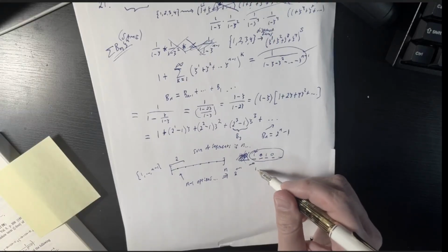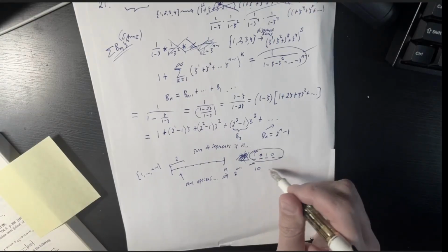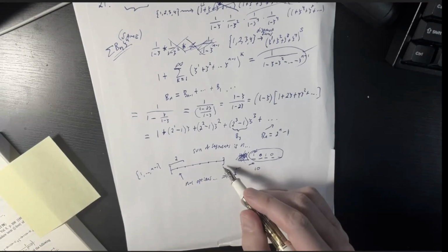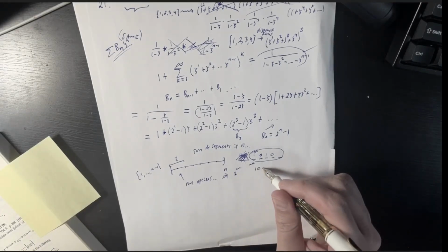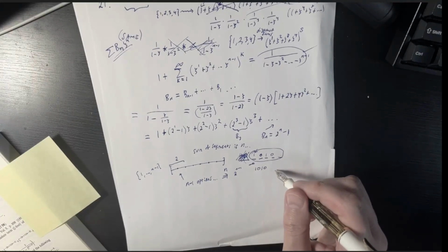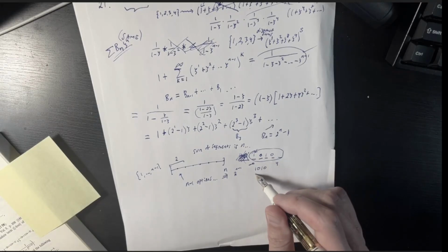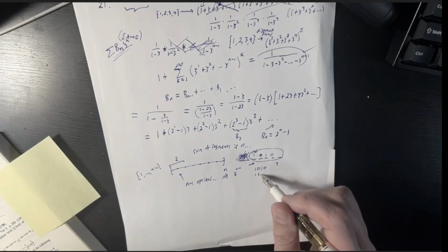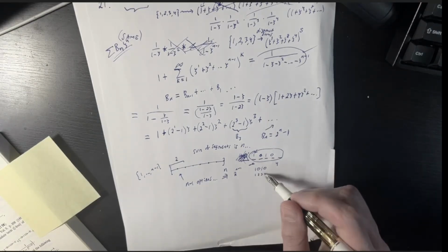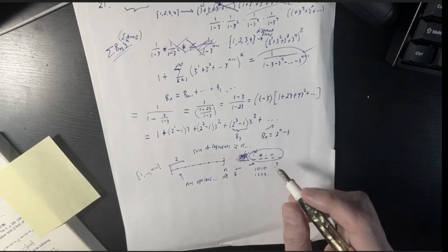Every time I come up with a binary number of length n, so for instance for 4, this could represent which numbers we used.